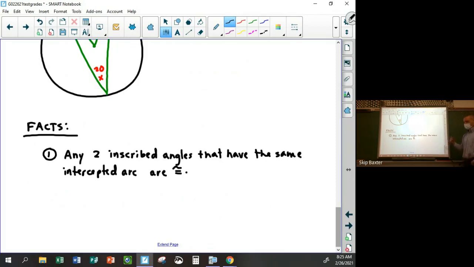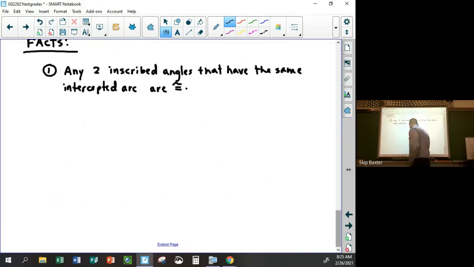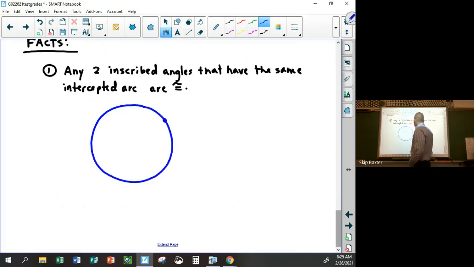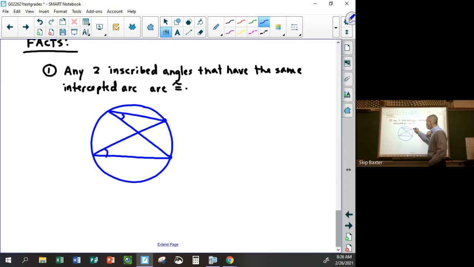But it's a little confusing when you see it in a picture. People kind of forget this basic idea. If you have a picture like this, and you have an arc like this, what this fact is saying is, if you have an angle like that, or an angle like this, these two angles are actually the same because they're both intercepting arc AB.